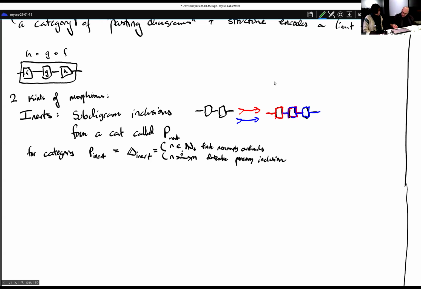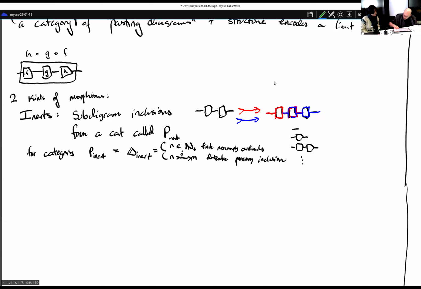The idea is that each one of these chains of beads here corresponds to a finite non-empty ordinal. The ordinal is the wires. There's a wire, there's one, there's two, and so on.